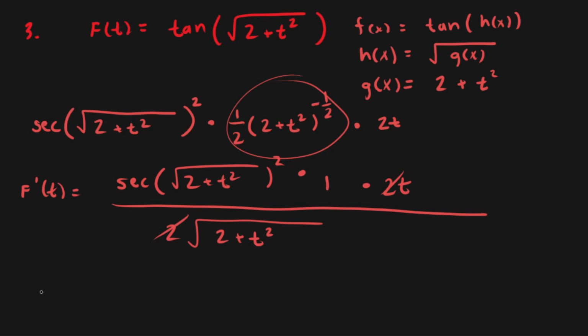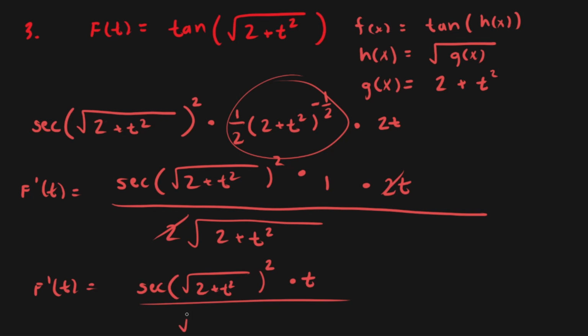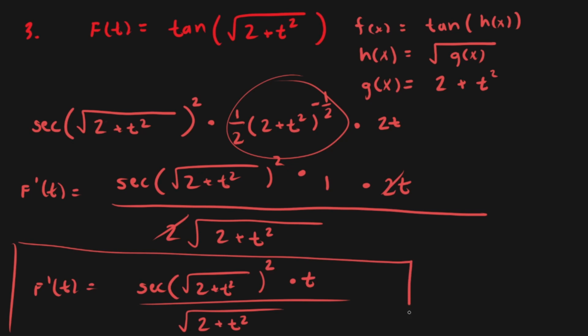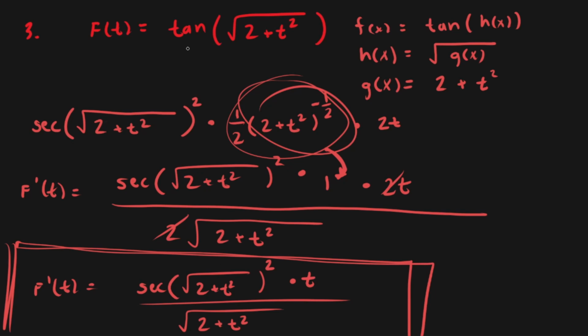The 2's can cancel out, so the final answer is secant of the square root of 2 plus t squared, all this squared, times t over the square root of 2 plus t squared. And again, if you're not sure how I got from here to here, we've seen it in the last two problems, so go back and watch if you don't understand it yet. And yes, this is the final answer. It's the derivative of the tangent of the square root of 2 plus t squared.